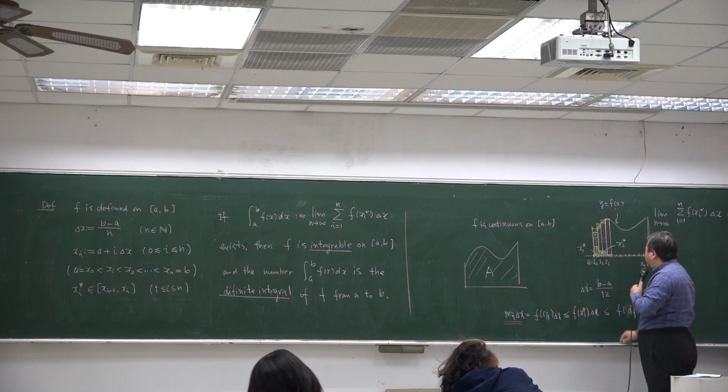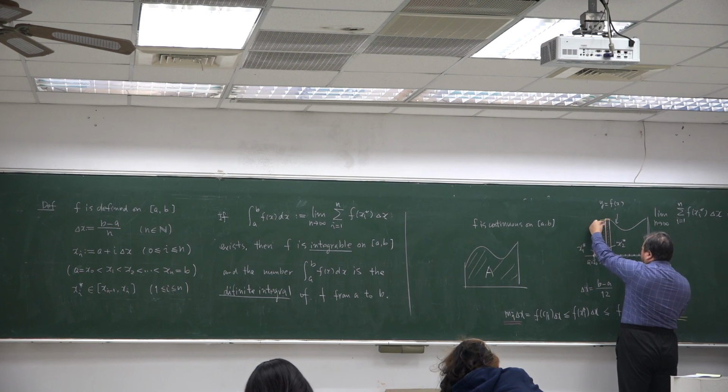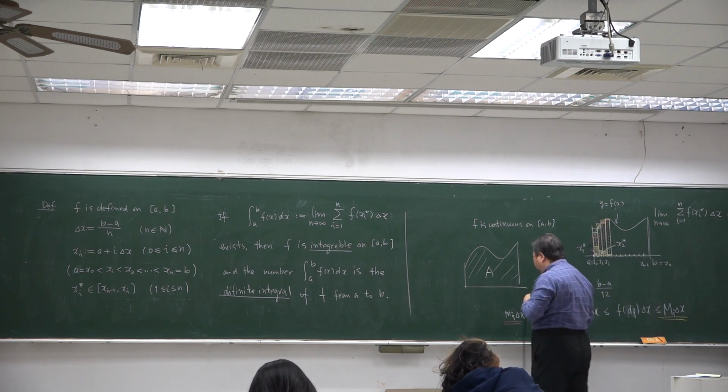As you can see, if n goes to infinity, the diameter will go to 0, and the difference will be very small.